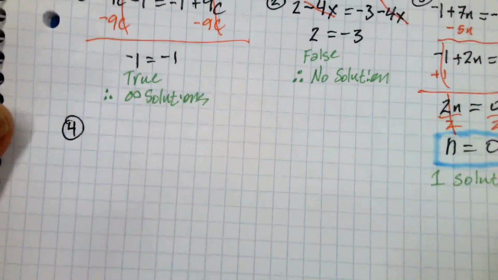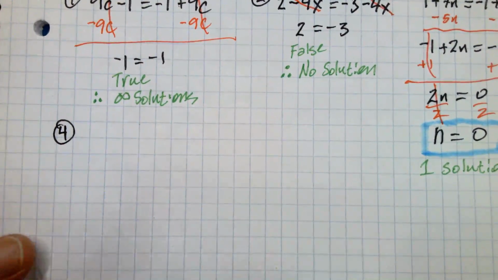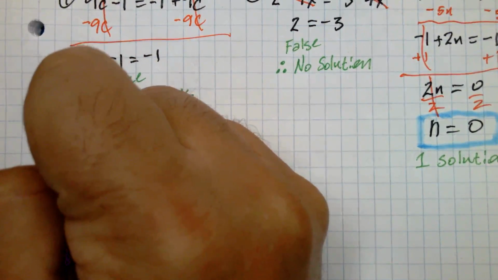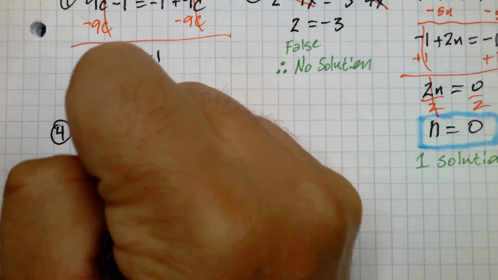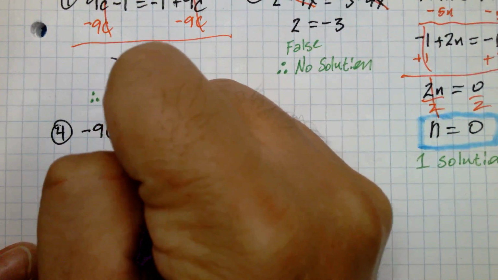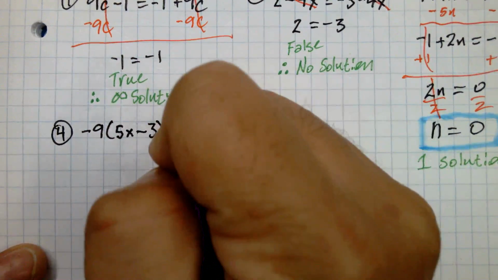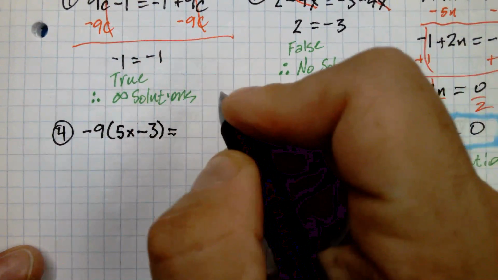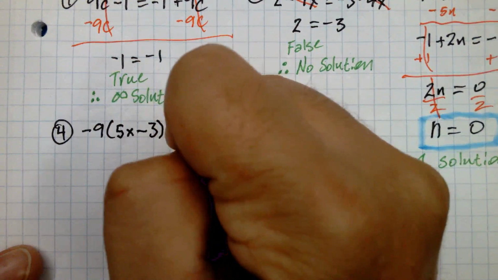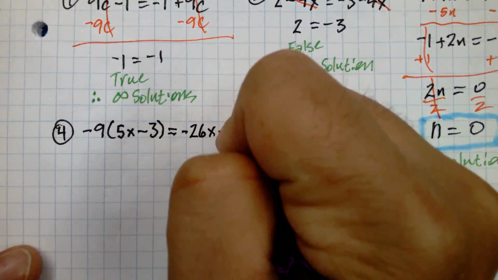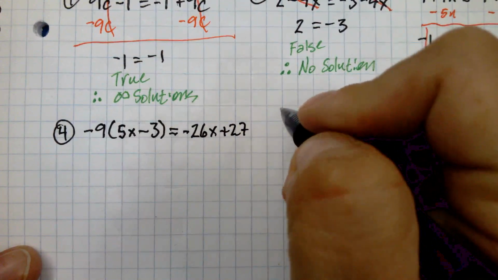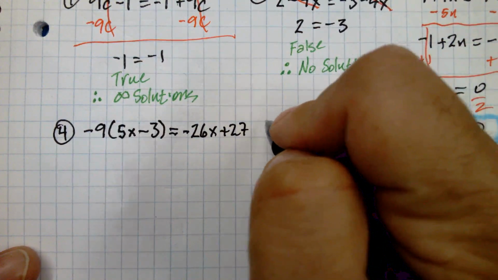Here it is: negative 9, parentheses, 5x minus 3. This one's going to have all the bells and whistles, equals negative 26x plus 27 minus 19x.